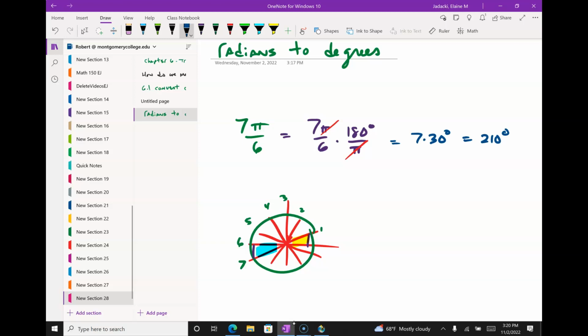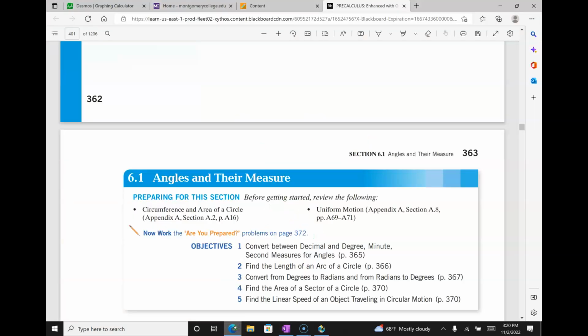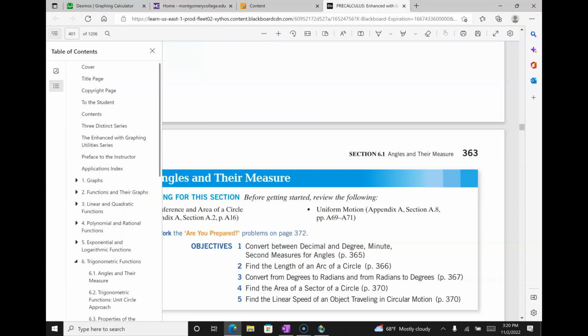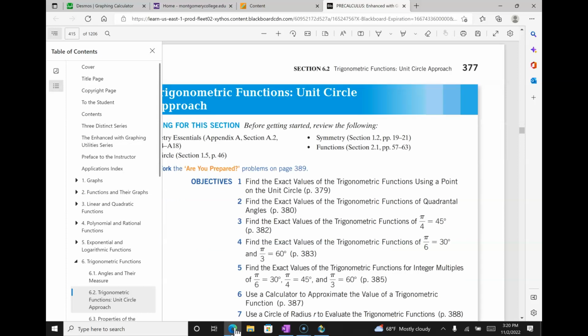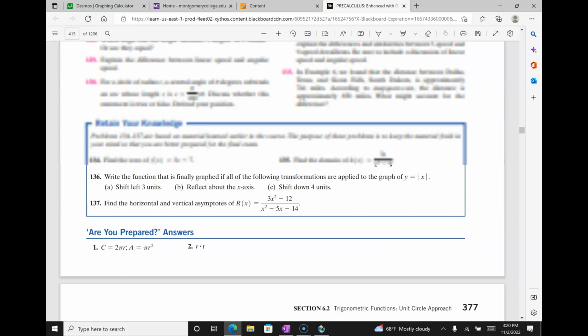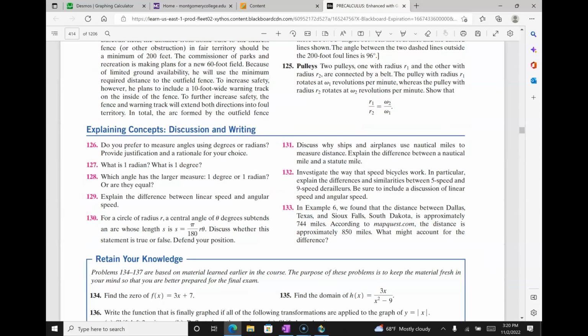The first thing you're doing in the textbook is problems 23 to 45.